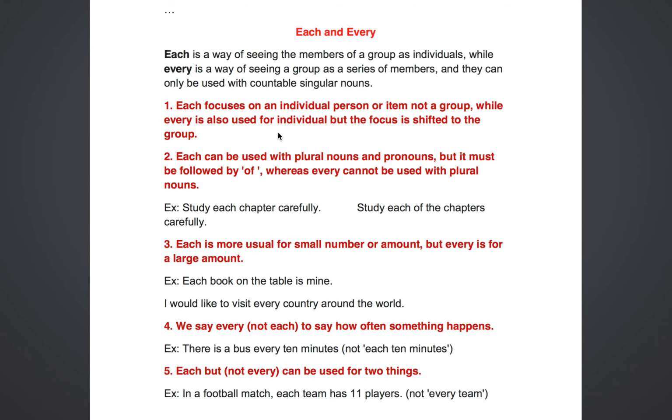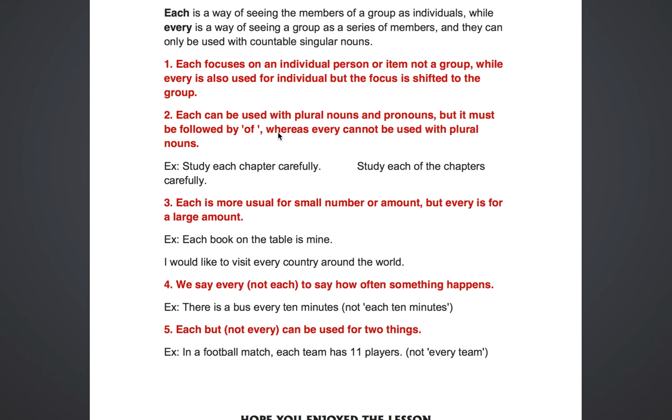Each focuses on an individual person or item, not a group, while every is also used for individuals, but the focus is shifted to the group. Each can be used with plural nouns and pronouns, but it must be followed by of, whereas every cannot be used with plural nouns.